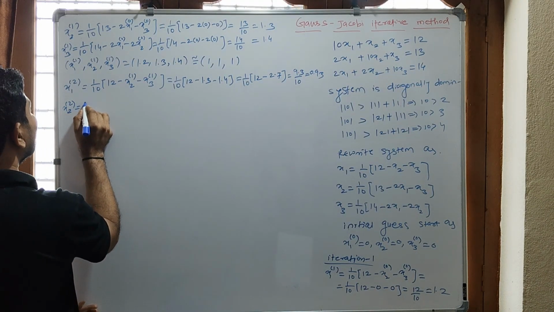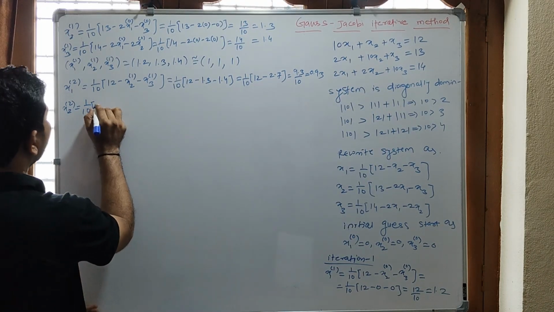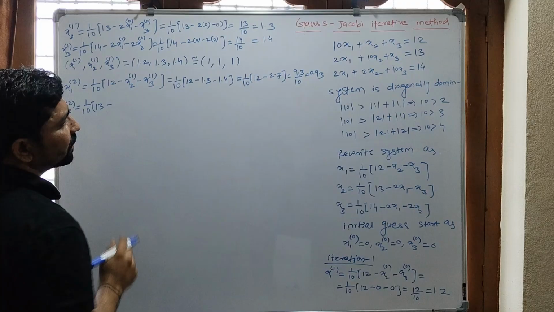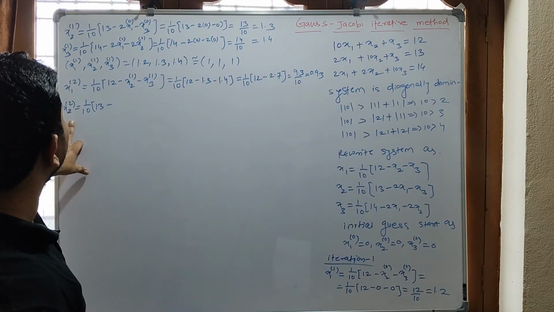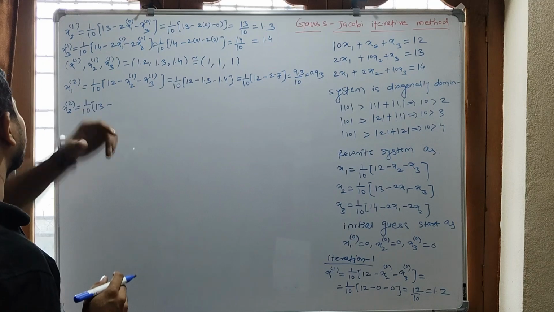While finding x2 at 2, which is equal to 1 by 10 times 13 minus x3, I will use x1 at 1 and x3 at 1.